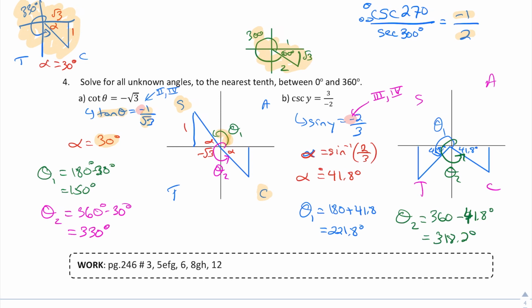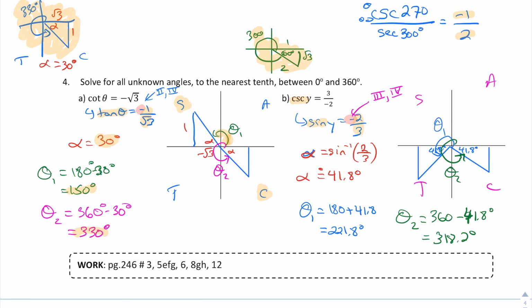So if it's drawn in those two quadrants, then I've got theta 1 here calculated and theta 2 based on those two quadrants. Again, I'm going pretty fast, but hopefully most of this should be a review. But if you have any questions or you want me to talk you through it, I definitely can chat with you online. Next one is cosecant y, which is same as sine.